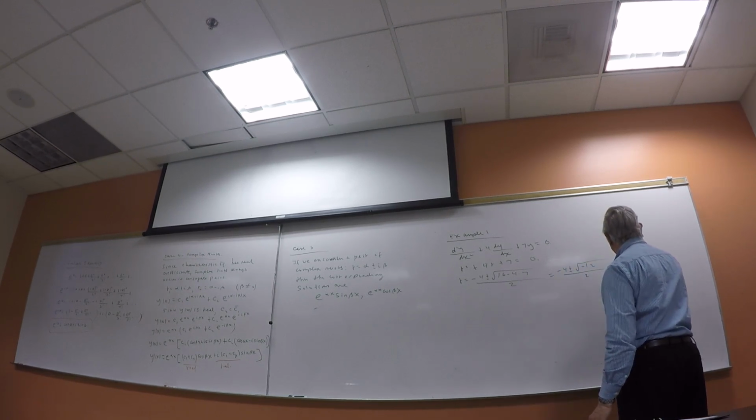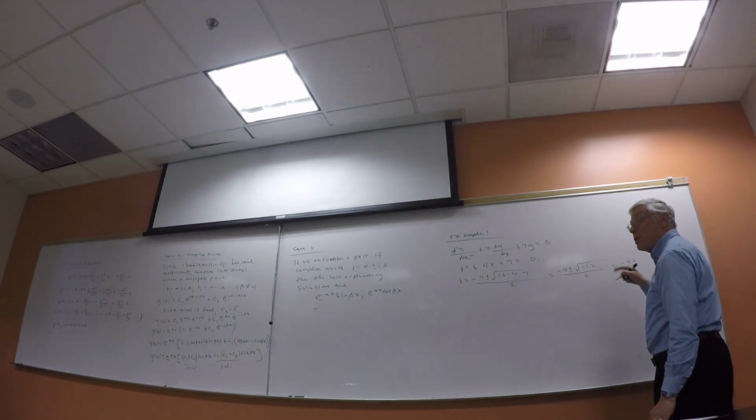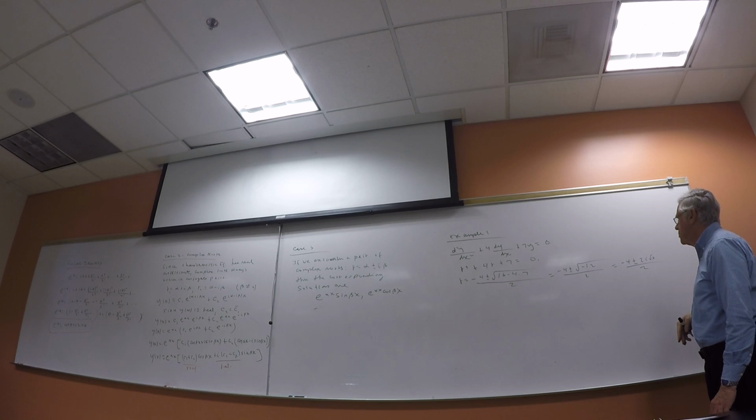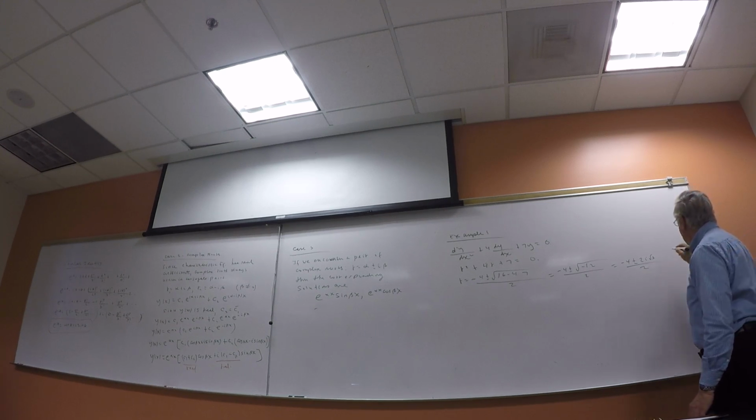Let me write that as negative 4 plus or minus the square root of 4 times 3, which is 2i radical 3, over 2. So I make 12 into 4 times 3, that becomes a 2. And if I divide finally, I'm going to get negative 2 plus or minus i radical 3.